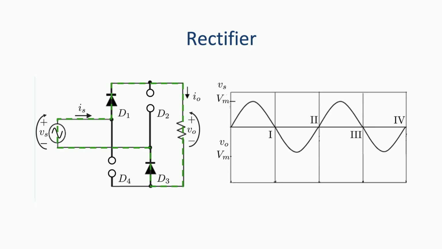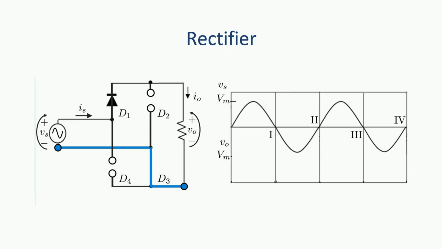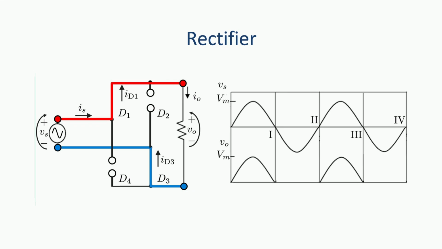Notice that the direction of the arrow in both the input and the output voltage goes from the node highlighted in blue to the node highlighted in red. This means that both voltages are the same in magnitude and direction, therefore the output voltage is the same as the input voltage in time periods 1 and 3, as shown in the figure.